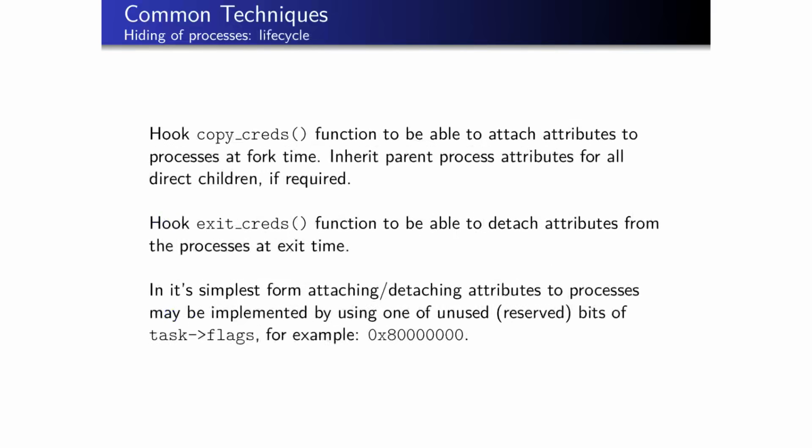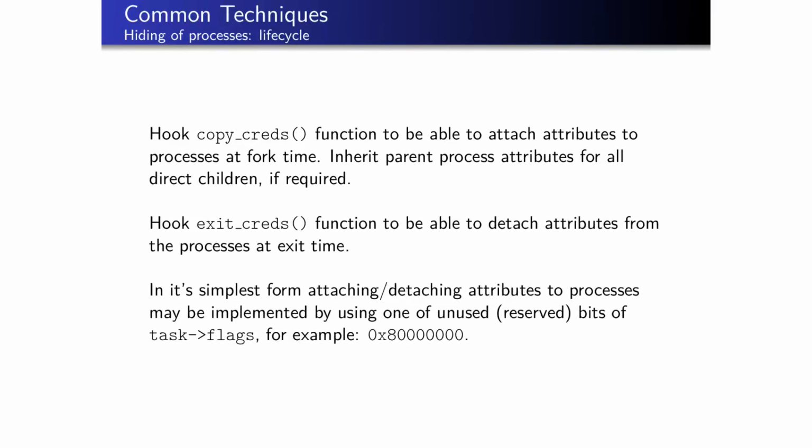So, about the life cycle. If you want to be able to hide a process, you have to hook two functions. The first function is the copy creds function, and it's executed when the process is created. In the Linux kernel, creating a process is implemented through fork.